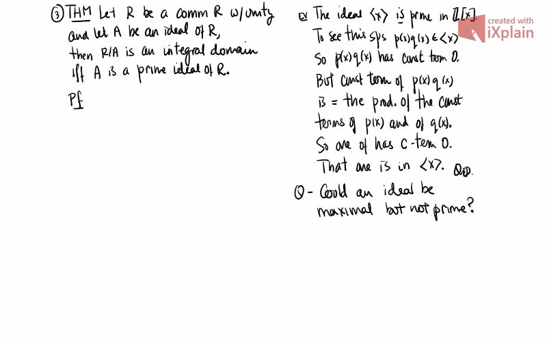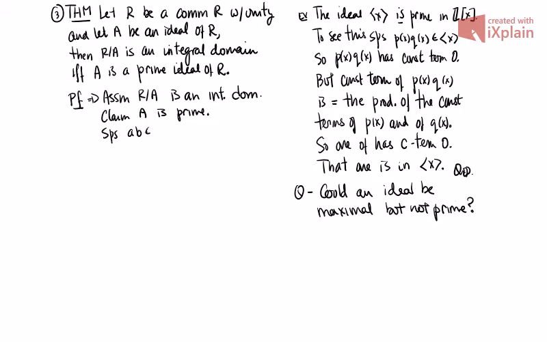So the proof is actually, even though it's an if and only if, both directions are fairly sweet. So here's the forward direction. Let's assume R mod A is an integral domain. We claim A is prime. So to do this, we're going to assume that a product is in it.